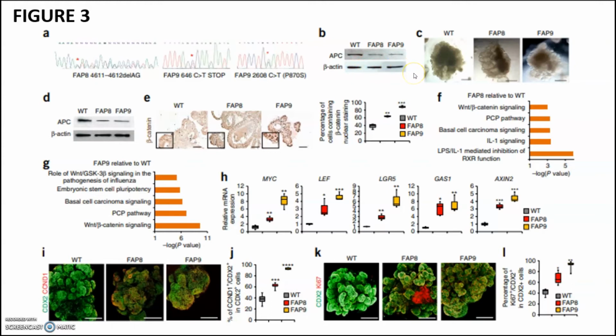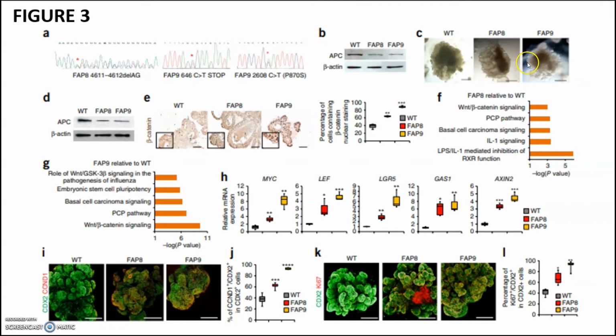And then in figure C, we have some microscopy images of the wild type, FAP8 and FAP9, which just showed they further differentiated into the colonic organoids. So you can see these organoids in the pictures of figure 3C.